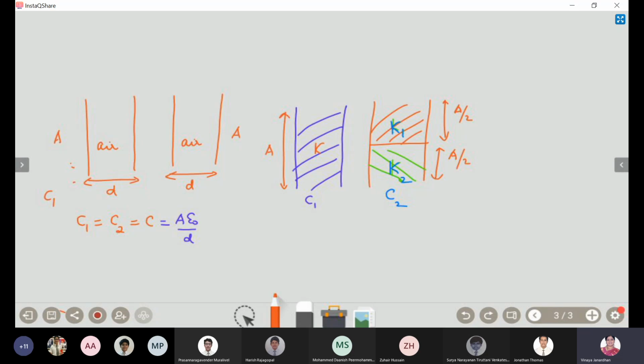Now what about C1? C1 is equal to A epsilon divided by D. What is epsilon? Epsilon R, or I'll directly put this value.